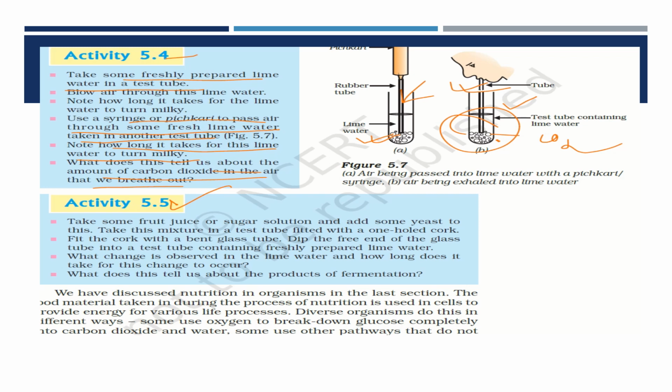But the lime water will turn milky instantly with exhaled air, because carbon dioxide is present in the expiratory air. So this proves that the air being exhaled into the lime water contains a huge amount of carbon dioxide.